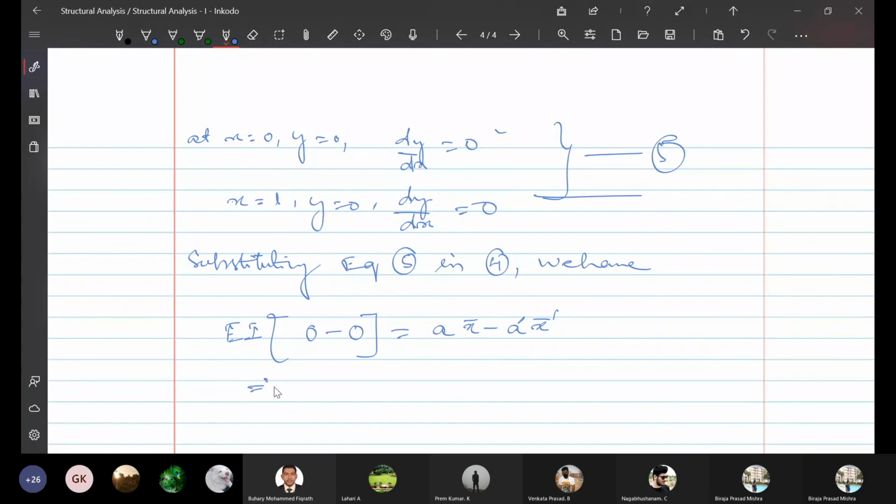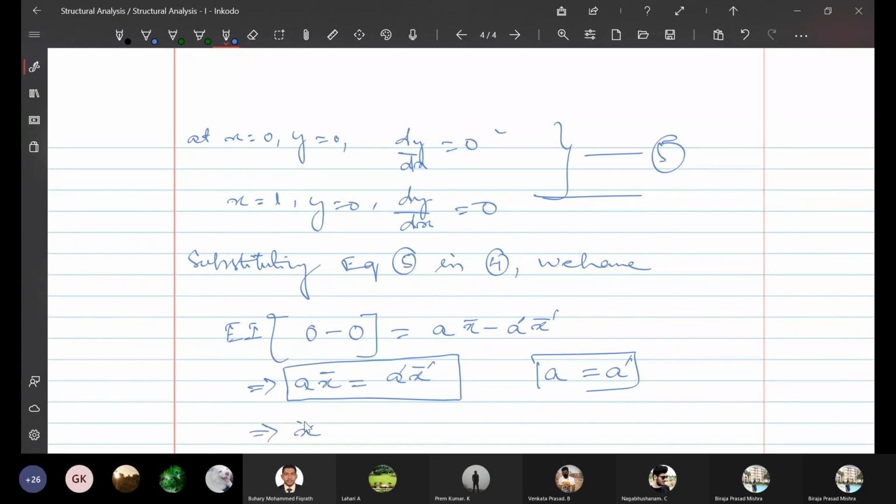This implies A x bar equals A bar x bar dash. We already know that A equals A bar, so this gets cancelled out.